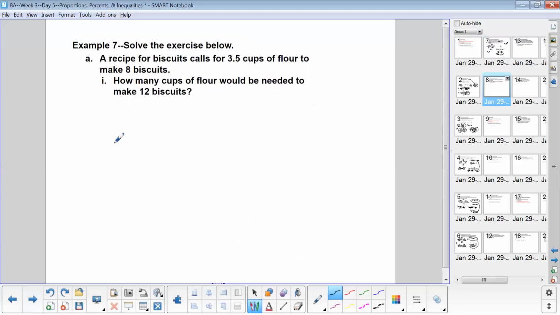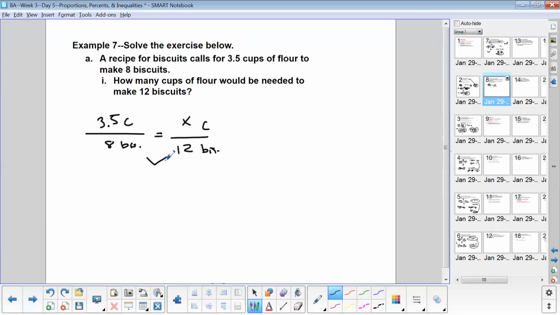And the last problem on this video 1 is a recipe calls for 3.5 cups of flour to make 8 biscuits. Well, how many cups of flour would it take to make 12 biscuits? So notice I did cups to biscuits, cups to biscuits.